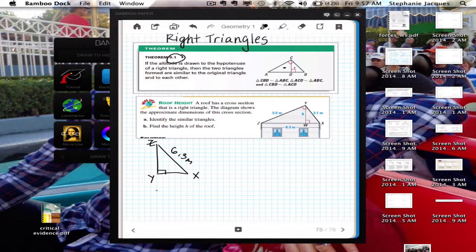And this leg, the ZY one, is going to be 5.5 meters. And the XY one is going to be 3.1 meters. So that's the large triangle.